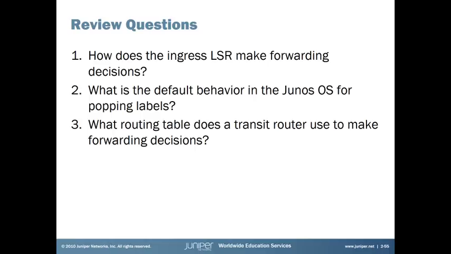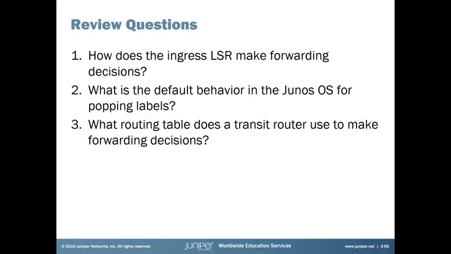That is what BGP uses to look up routes, as its preferred routing table, and we will discover that the next hop is a label switch path.